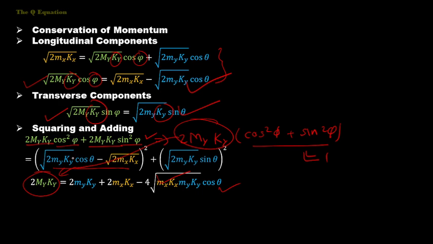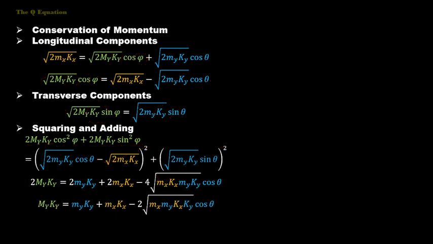We use the a minus b whole square formula that is well known to us, a square minus 2ab plus b square. Using this formula the first square is expanded and this is the second square, and it is a simple matter to see that we finally get this right hand side. We have eliminated the angle phi.